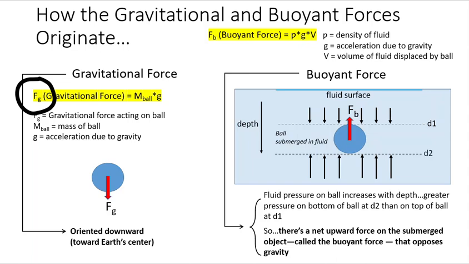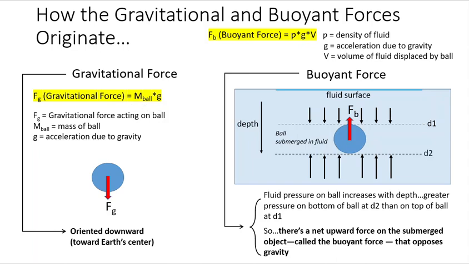Well, it's just the mass of the ball, m subscript ball, times acceleration due to gravity. That's how we calculate the gravitational force on the ball. Again, that's just gravity acting on the ball itself. And as I said, the gravitational force is always oriented downward. It's wanting to pull the ball, or in our case, the lithosphere, downward towards Earth's interior. Okay, that's the gravitational force, and I think most of us are familiar with that.